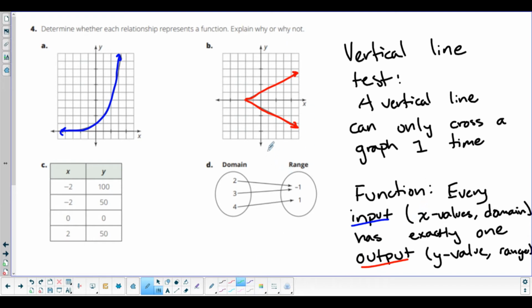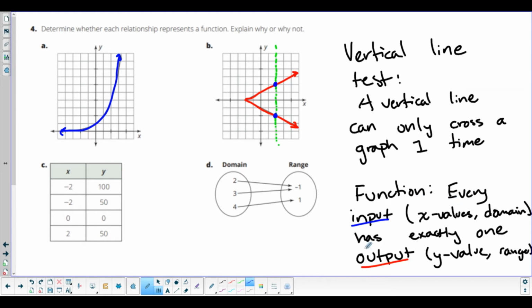So back to the graph example, and I'm going to start with B because this one's a bad boy. I'll give you a little spoiler. If I try to draw a vertical line across my graph, I'll do it in blue, I'm going to notice that right here and right here, at this one specific x value, at x equals 2 or whatever this is, there are 2 times that I have an output, something in my y. I have 2 y's for 1 x.